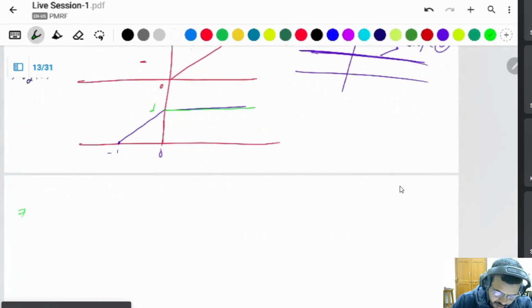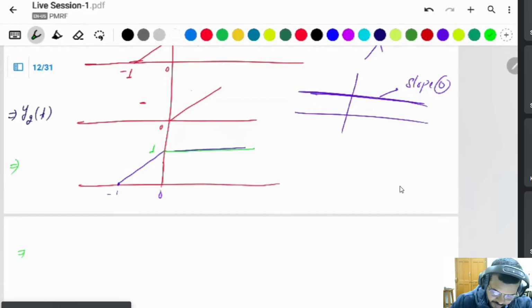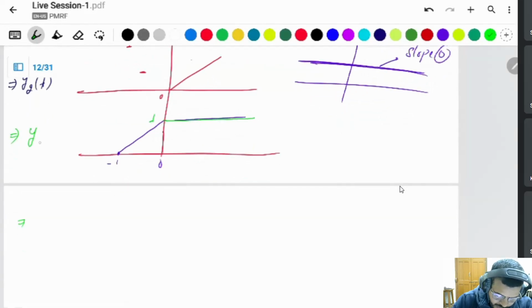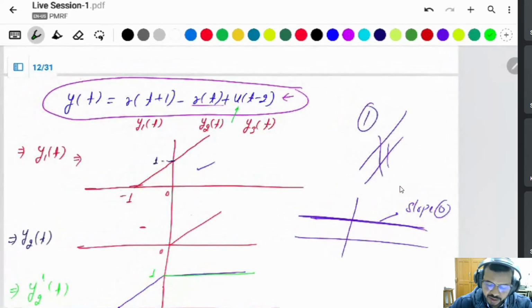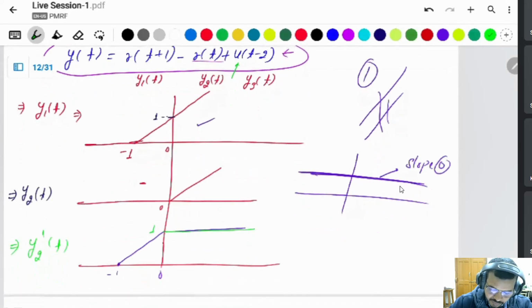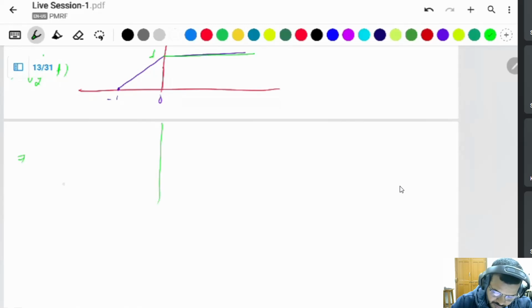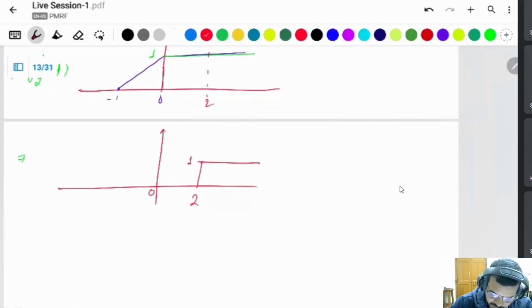Then we got the signal. Okay, y2 dash t I take like that. Then next, you add a signal y2 plus y2 shifted by 2. Suppose this one is 2 here, the same y axis is 1, this is 0.